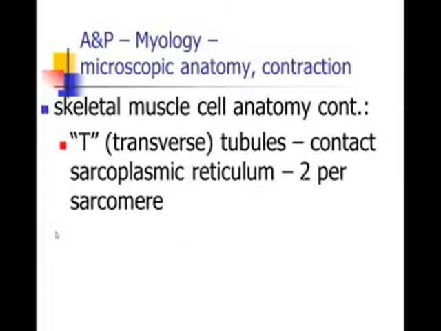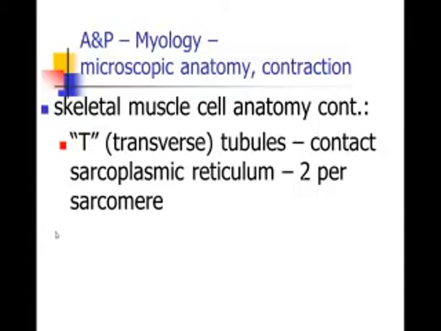Also, going through the skeletal muscle cells are these tubules called transverse tubules, and there are two of these per sarcomere. We haven't talked about sarcomeres yet, but we're going to. And they come in contact with the sarcoplasmic reticulum.